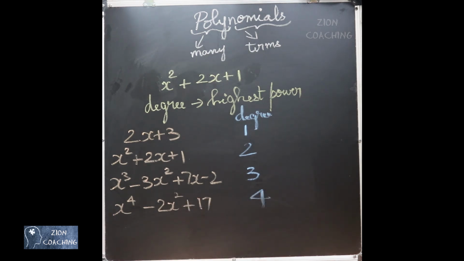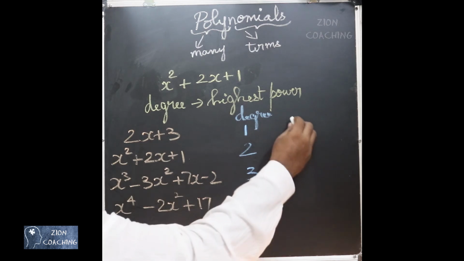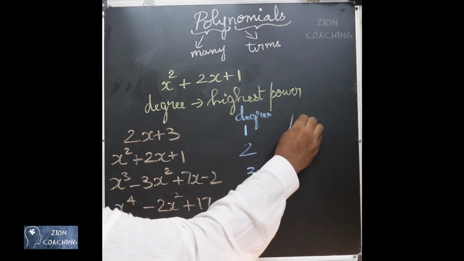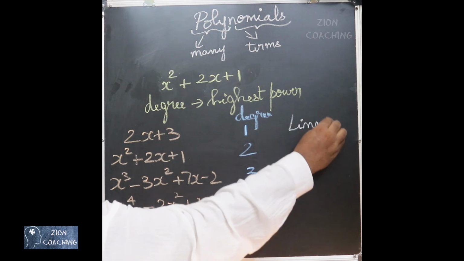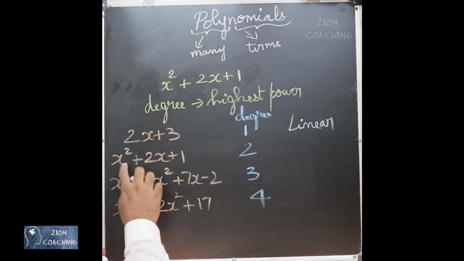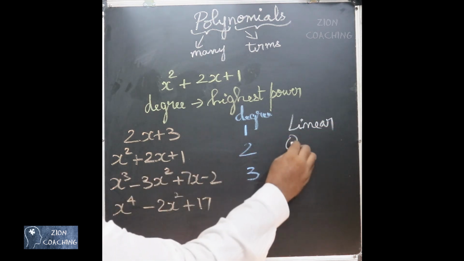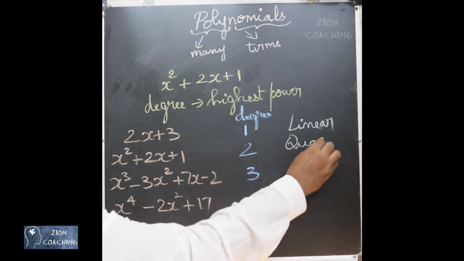So based on the degree, we have special names for the polynomials. A polynomial of degree 1 is called a linear polynomial. A polynomial of degree 2 is called a quadratic polynomial.